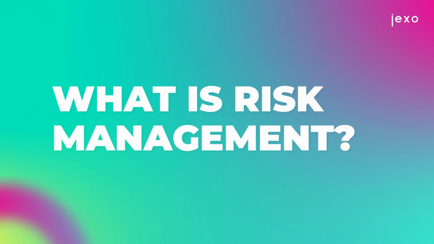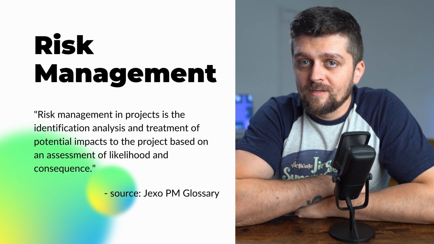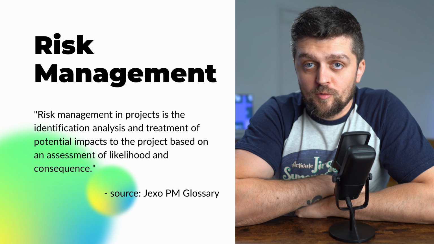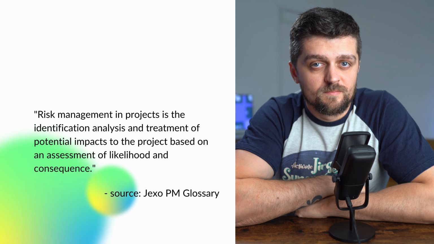First, let's look at what this term means. Risk management in projects is the identification, analysis, and treatment of potential impacts to the project based on an assessment of likelihood and consequences. Every organization will face unexpected risks, but rather than reacting to issues as they happen along the way, risk management helps you stay on track, as it is a proactive planning process that identifies risks and how to handle them.